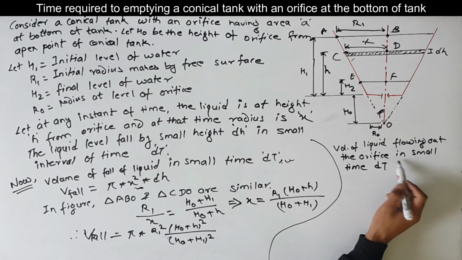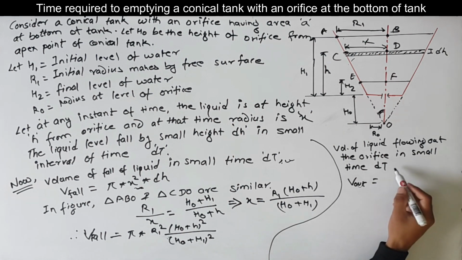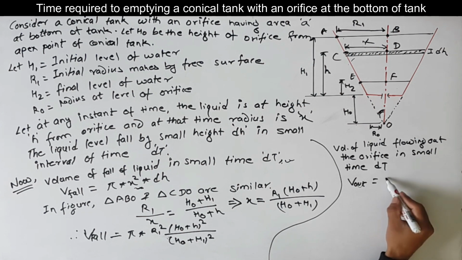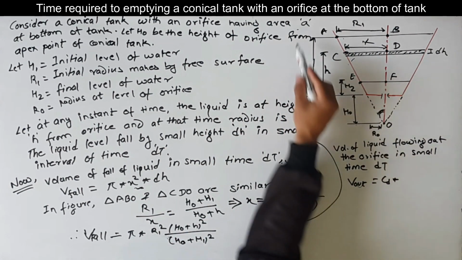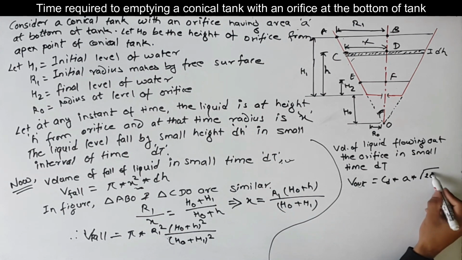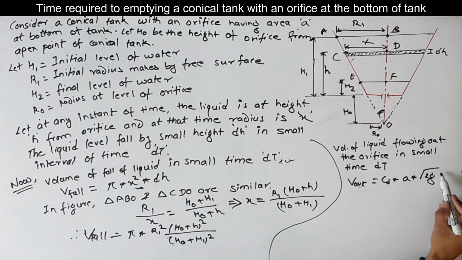The volume of liquid flowing out of the orifice in small time dt, let this be V out, is equal to the discharge from this orifice, which is Cd into the area of the orifice, small a, and root under 2gh, where h is the height of the water above the orifice.